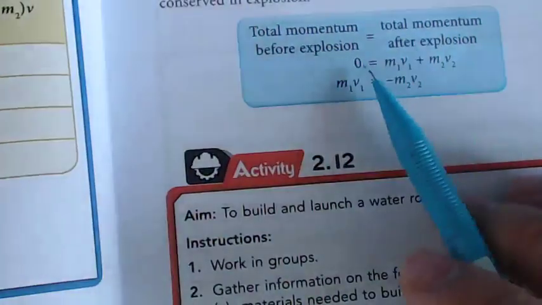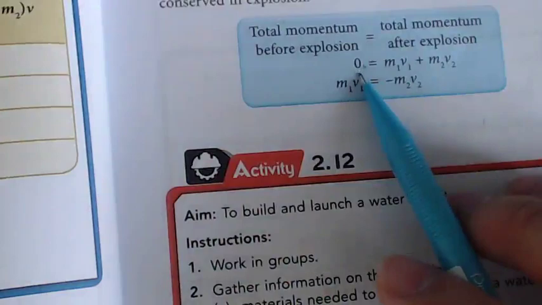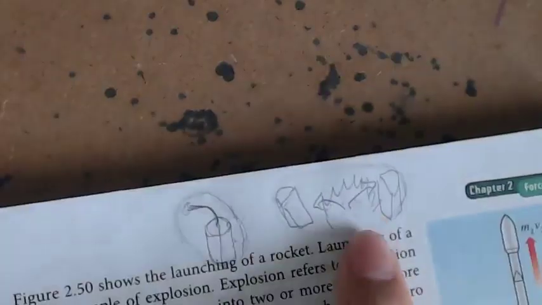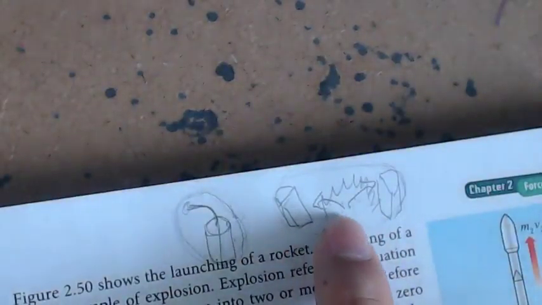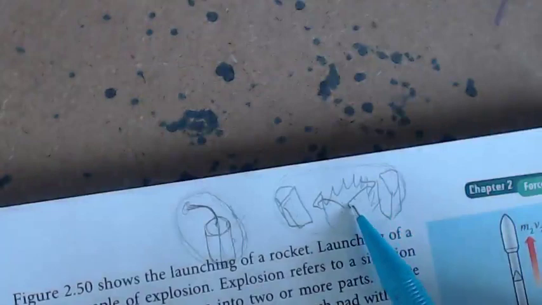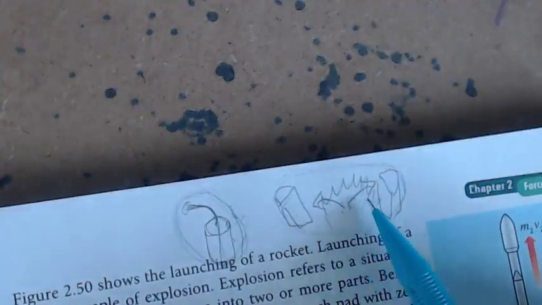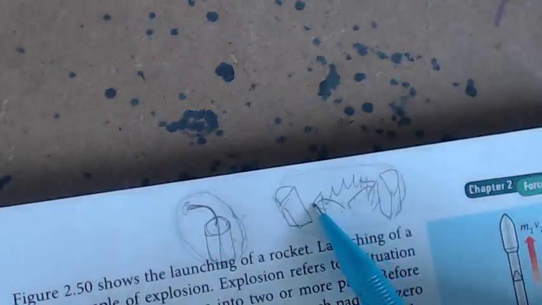Okay, this is why they put 0 already on the left side, while on the right side never put 0, because after it explodes, we tend to see that the things got separated like this.